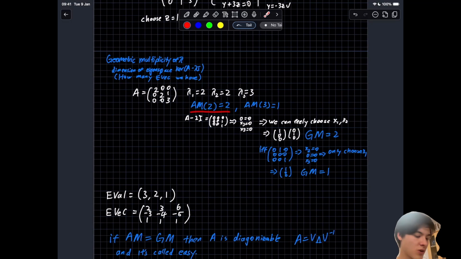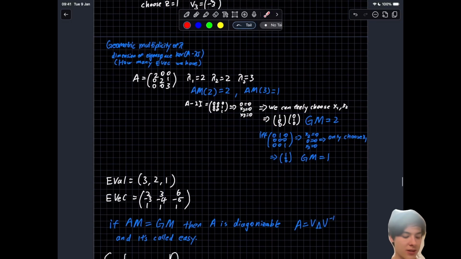So the algebraic multiplicity would be 2 for 2. And then if we try to find an eigenvector, we get to this. We see x3 equals 0. That means we can freely choose x1 and x2. So for example, we can just use this. It just needs to fulfill the condition that x3 equals 0, and then we see the geometric multiplicity is 2.